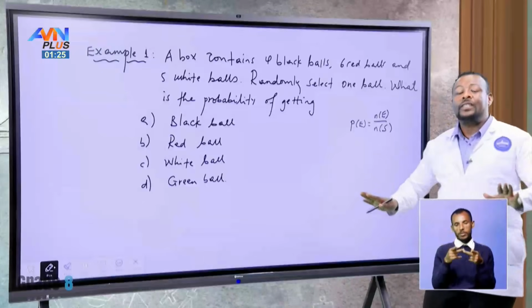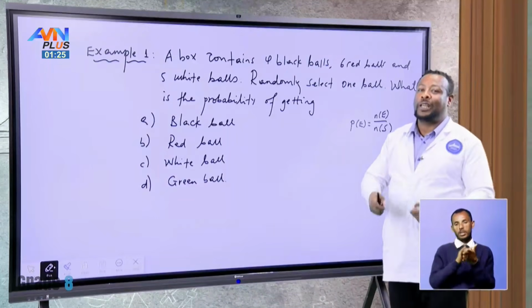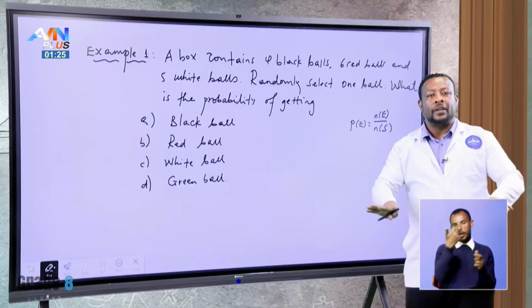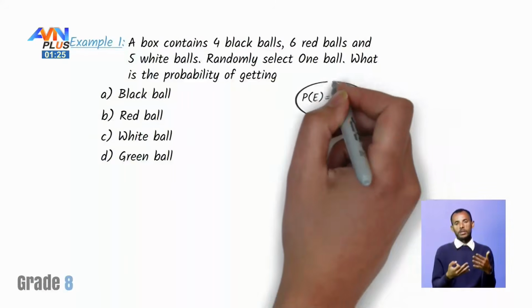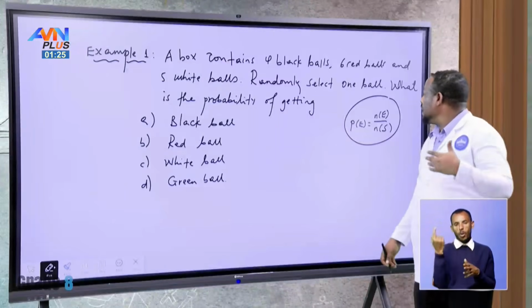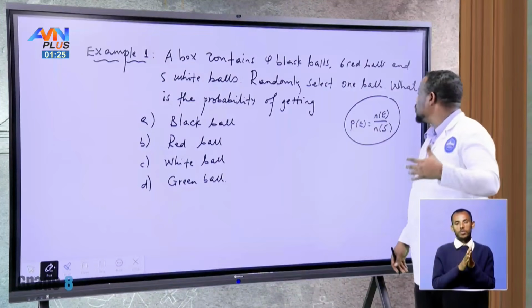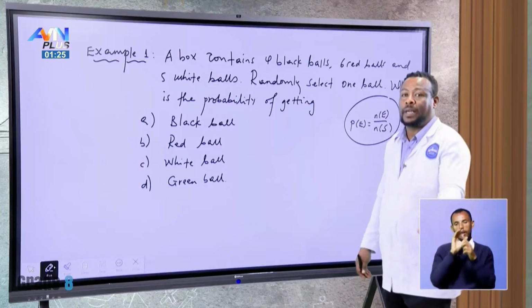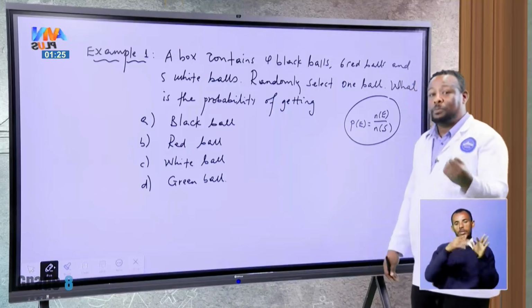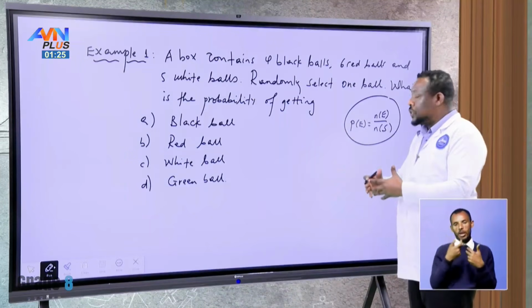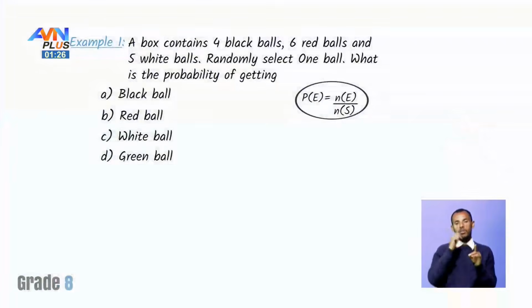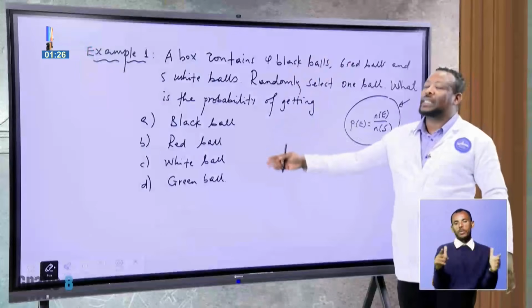Okay, so this is the formula that we use to calculate the probability of any event. From this formula, we always need to understand what an event means and what a sample space means, depending on the scenario that we have, right? So don't forget this formula. We will apply this formula to calculate the probability of this activity.